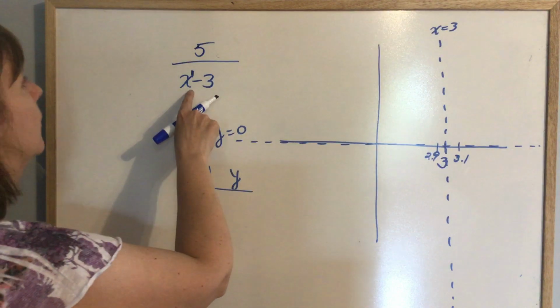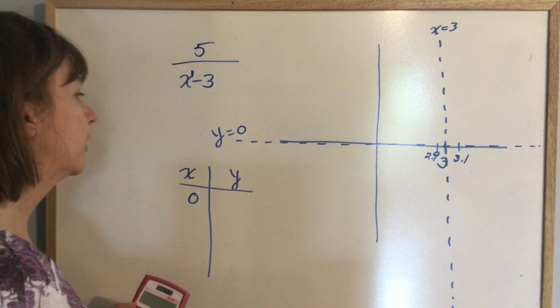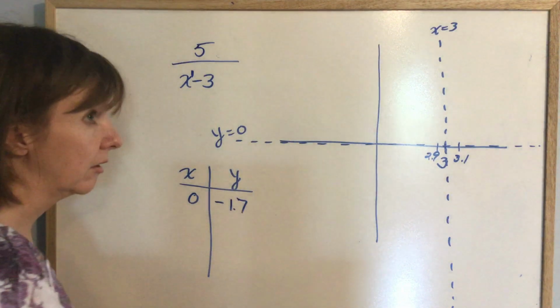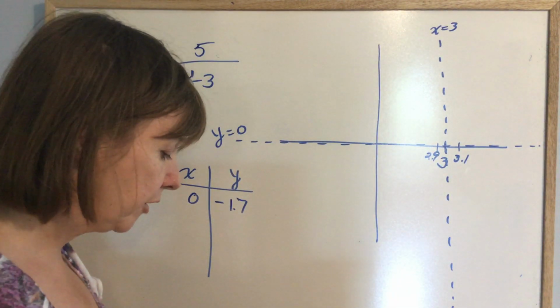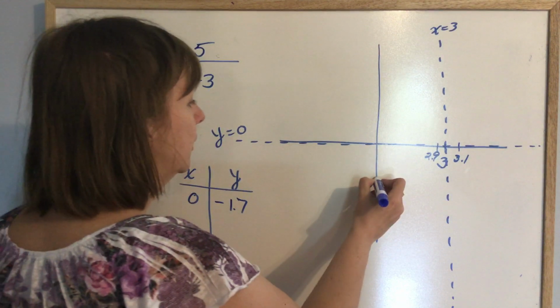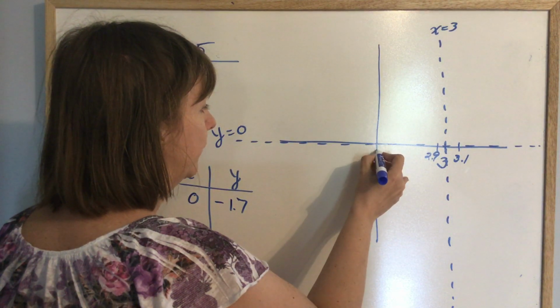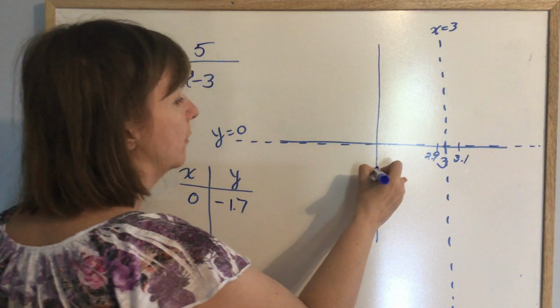So if x is 0, this would be 5/-3, which would be -1.666, which is -1.7. So at 0, it's -1.7. We'll say that's about there.